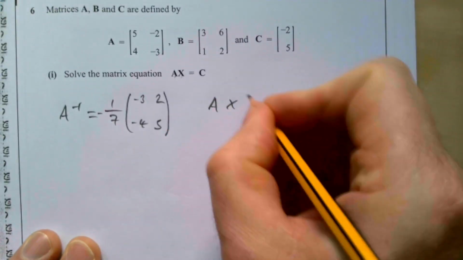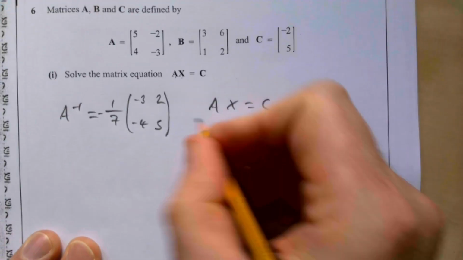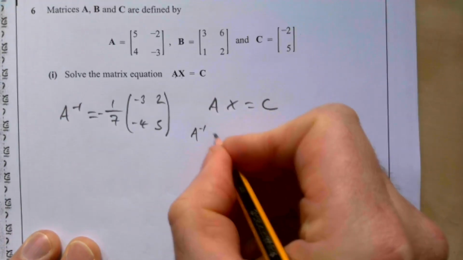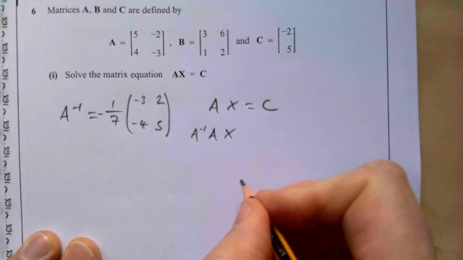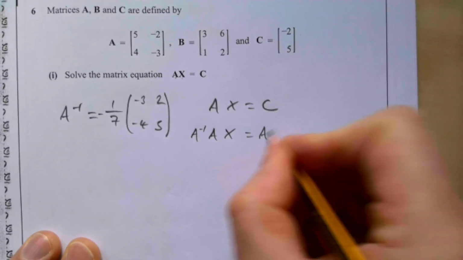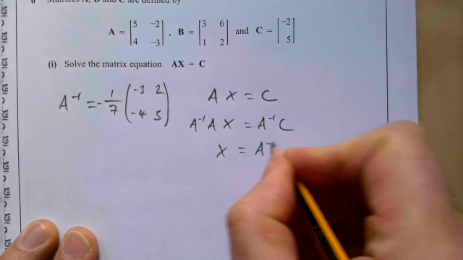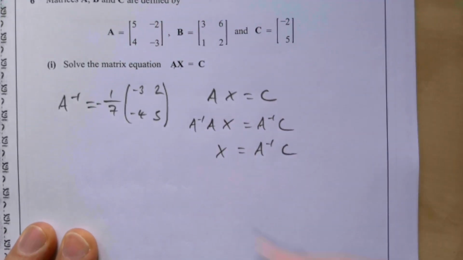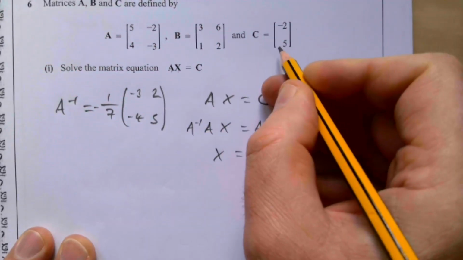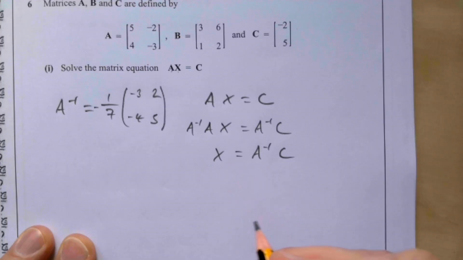So we have AX equals C. And then A to the minus 1 A X is equal to A to the minus 1 C. And so X equals A to the minus 1 times C. So my A to the minus 1, I need to multiply by C, and that should give me my answer.